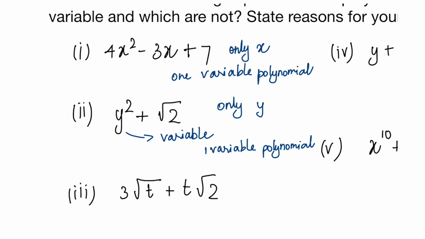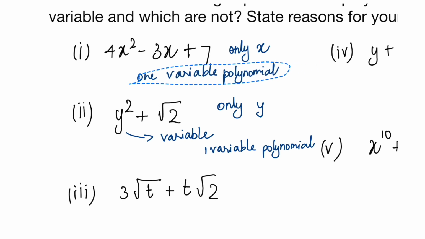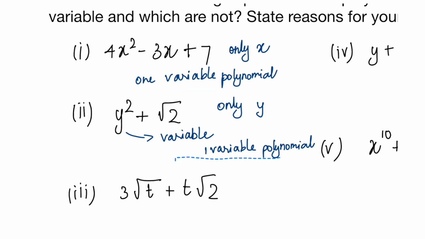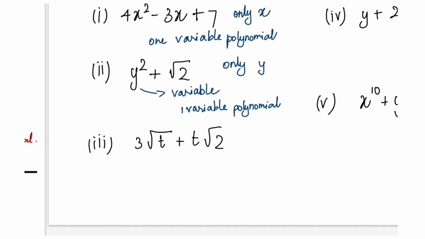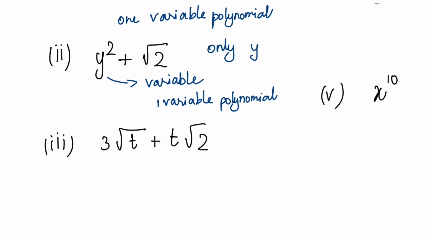So there is not much work for us to do here. These questions are very simple. Since it's the start of the exercise, they just want you to understand the concept.